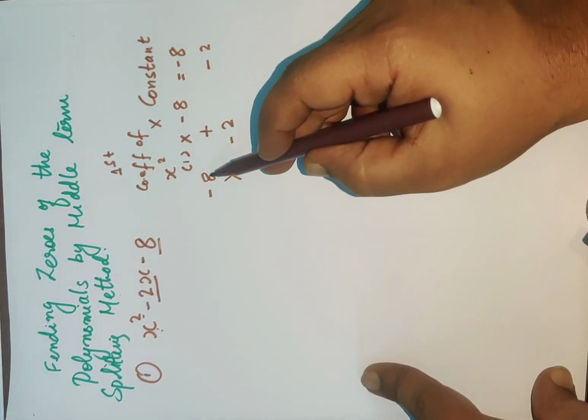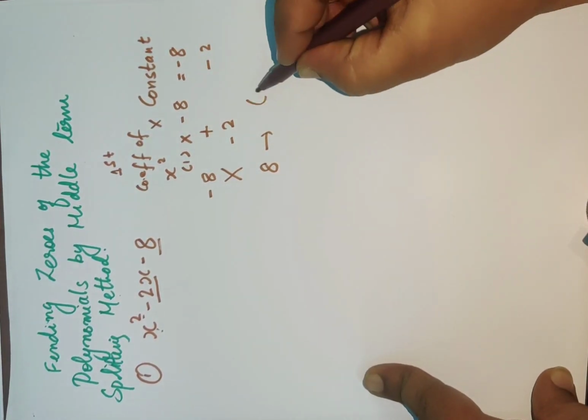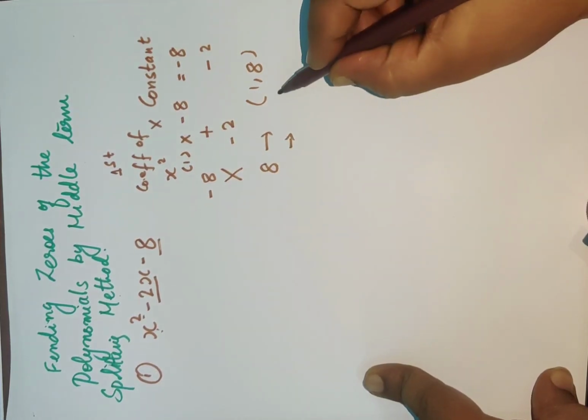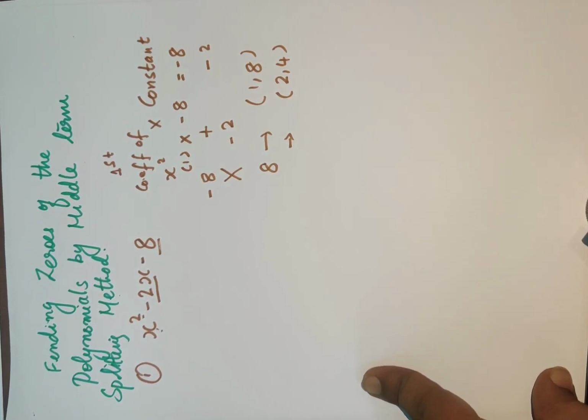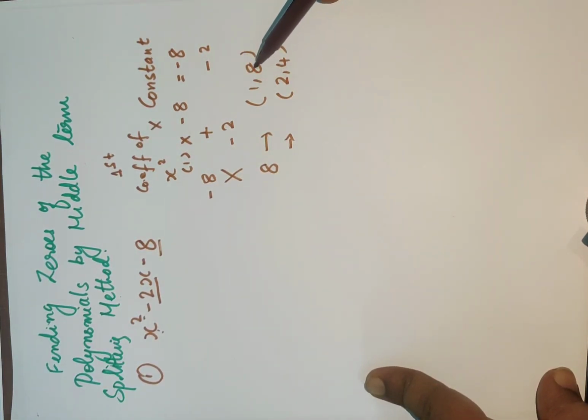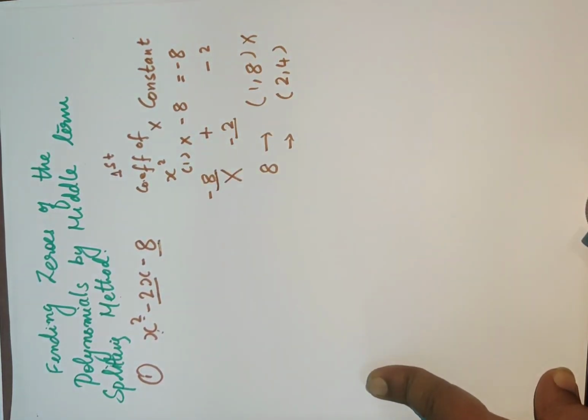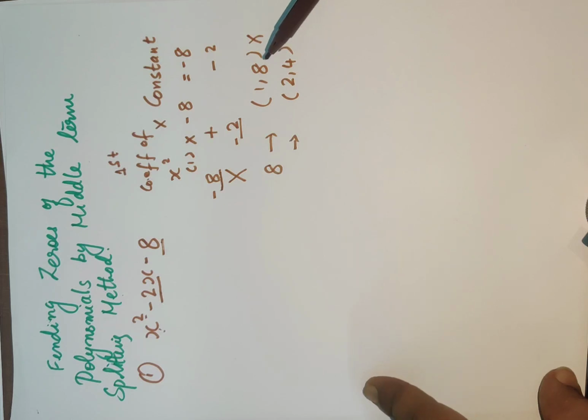Okay, so what are the possibilities of getting 8 in factors? 8 can be expressed as 1 into 8, or 2 into 4, or 4 into 2, 8 into 1, both are the same pair only, correct?